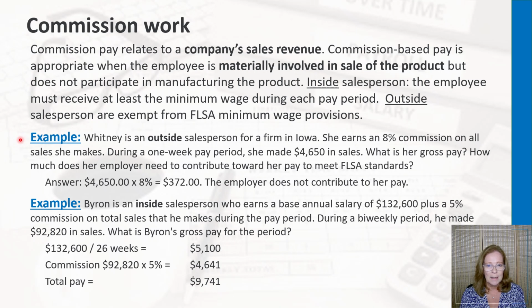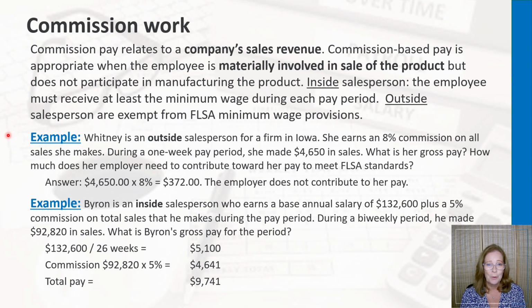So here's an example. We have Whitney, an outside salesperson. We know that the FLSA doesn't apply. The person makes 8% commission on all sales. She had $4,650 in sales in one pay period. What's her gross pay? And does her employer need to contribute towards her pay to meet the FLSA standards?